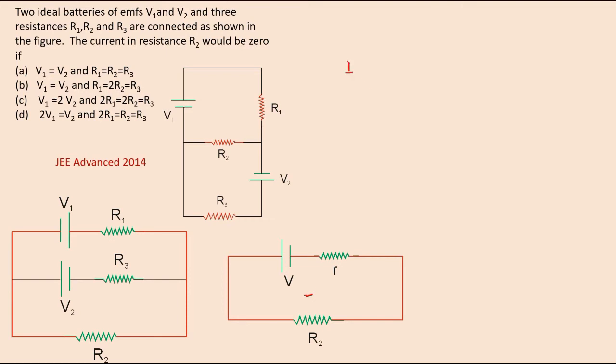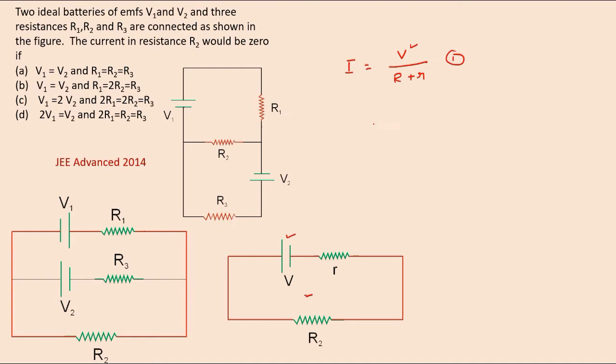What is it? I is equal to V by R plus R. This you all know very well. What is V? The EMF of the single cell, which is equivalent to the two cells. This resistance R can be considered, for which we will also find the equivalent value for R1 and R3.